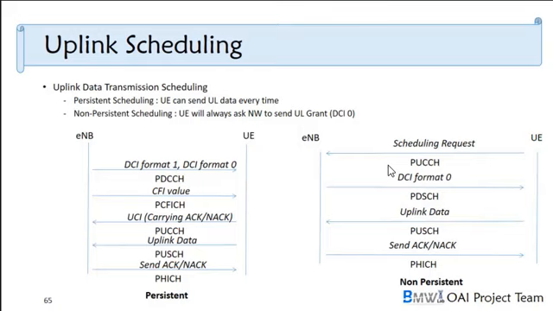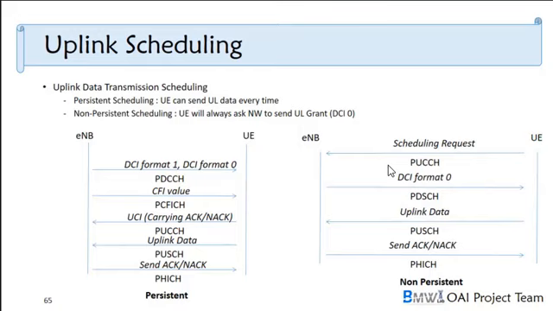Yes, and if you want to ask the eNodeB to give you resource allocation in the non-persistent part, you will send a scheduling request through PUCCH. PUCCH means physical uplink control channel. So the scheduling request is kind of like the DCI. This is the control element.